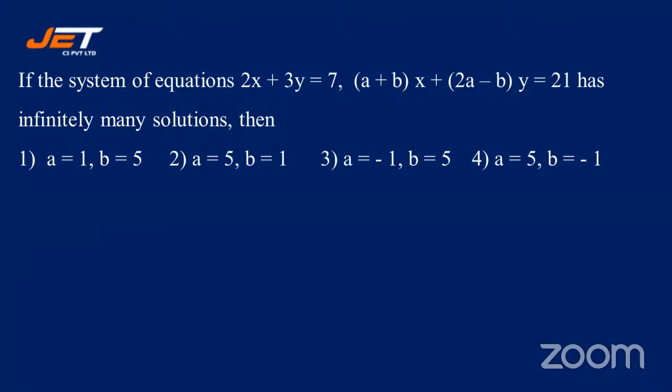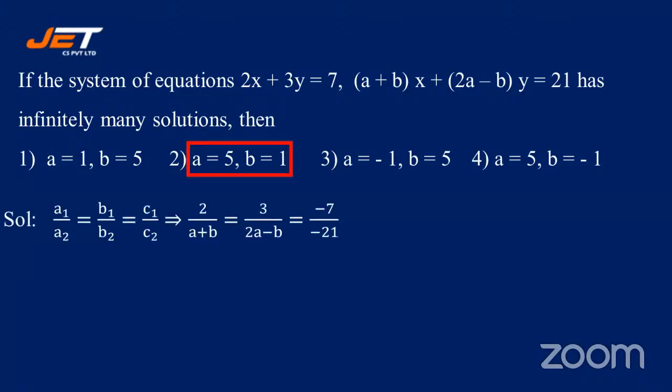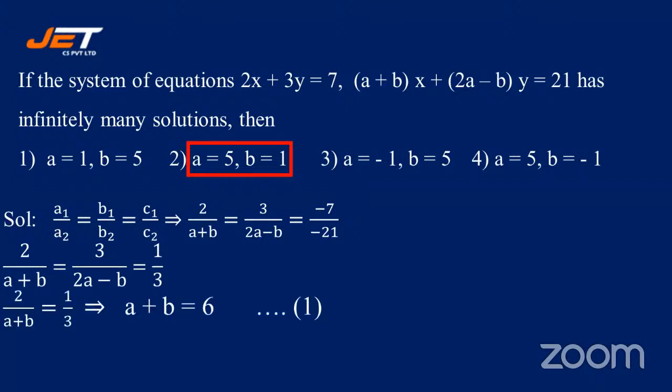Yes, so I would like to disclose the key for this because the working is a little more. All right, so you just have to find out A1 by A2, find out B1 by B2, then C1 by C2. So when you do work it out like this, you will get 2 by A plus B is equal to 3 by 2A minus B is equal to -7 by -21. Thereby, you will have one equation as A plus B is equal to 6.